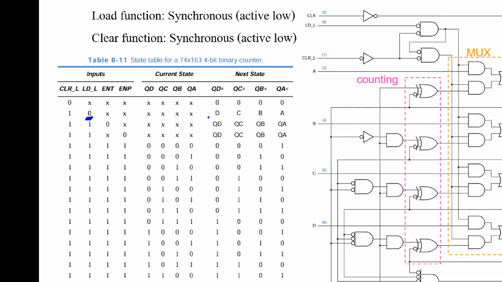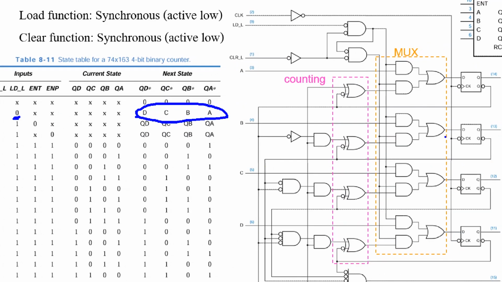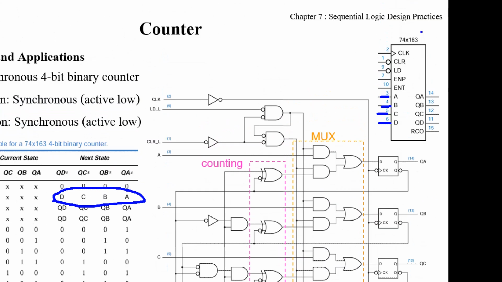The result is what? The output of the flip-flop will be the value of input DCBA. That means if you apply 1 at clear, so clear is not active, and make load active, apply 0 here.